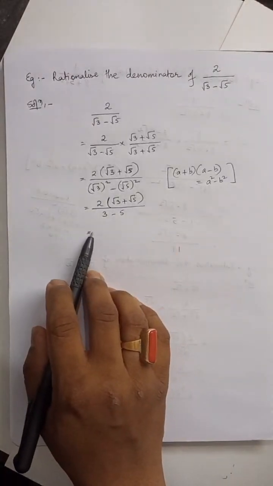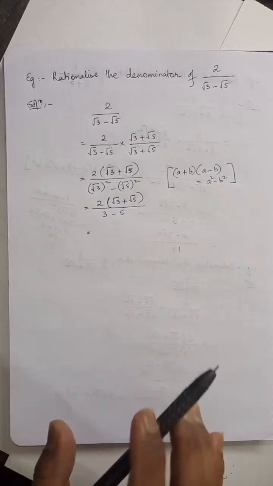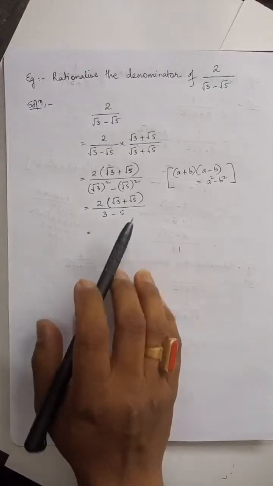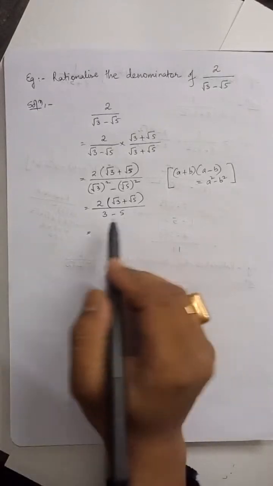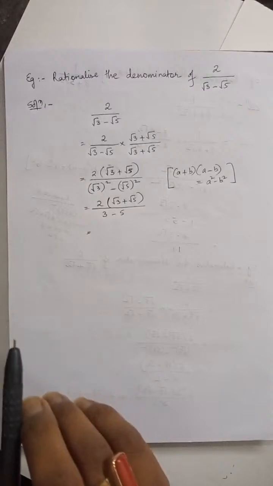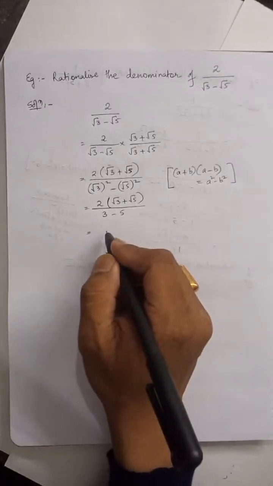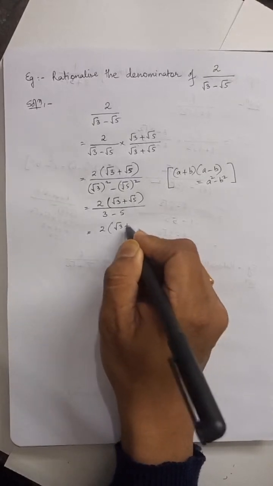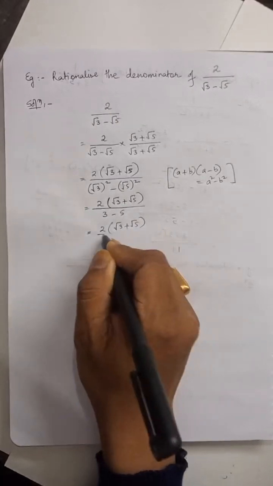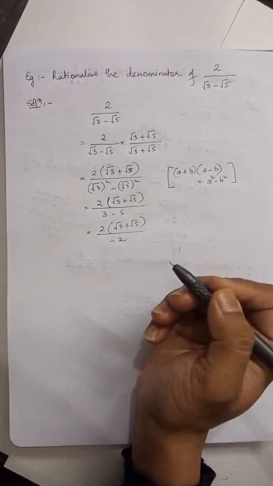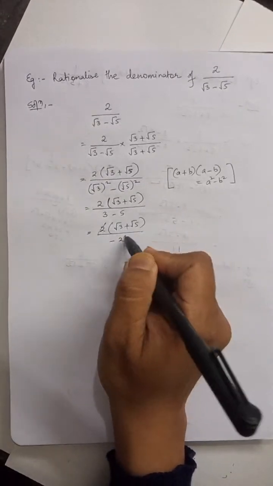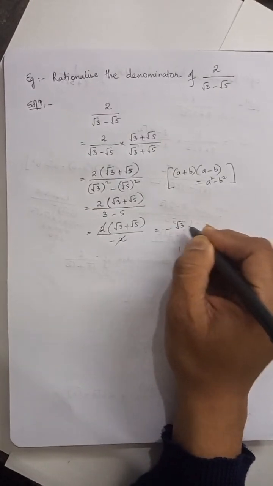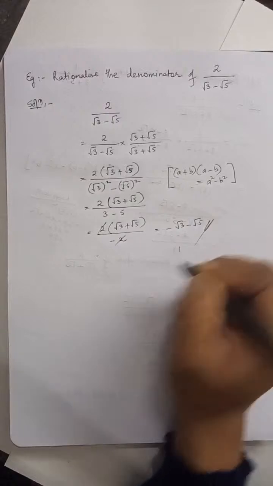So what is 3 minus 5? Now most students, they have this tendency of making a mistake here. Okay, 3 minus 5, this is minus 2. There is not 2, don't write 2. Please avoid making that mistake. This is minus 2. So 2 divided by 2, we can cancel out. So our answer will be minus root over 3 and minus root over 5. Okay.